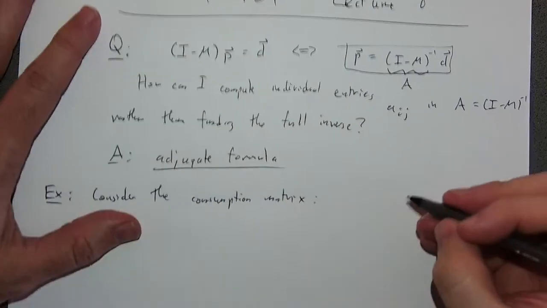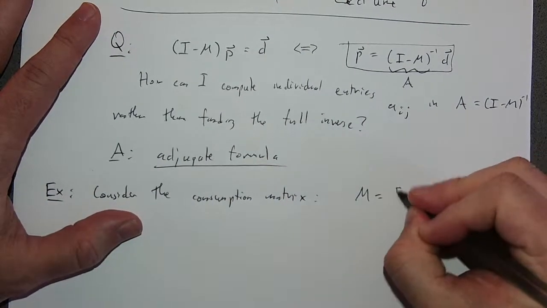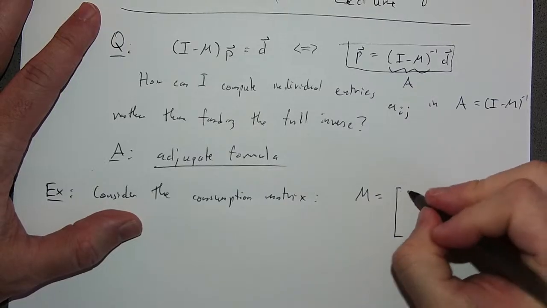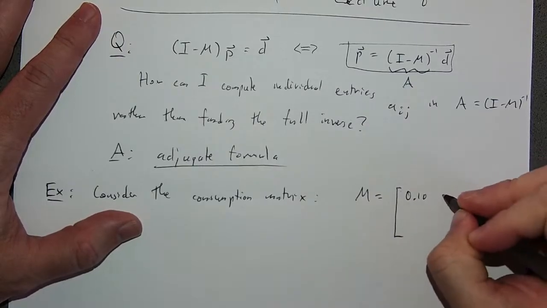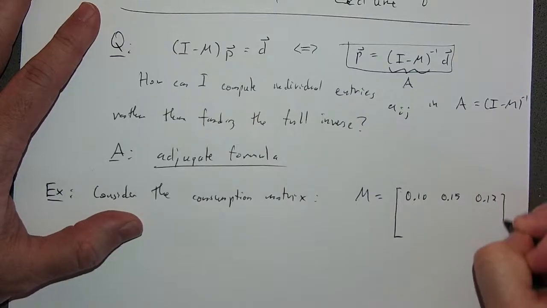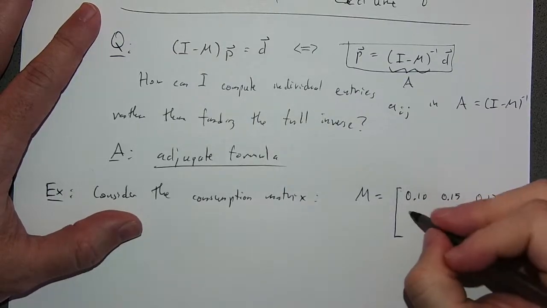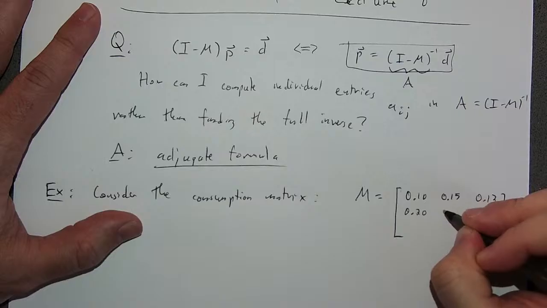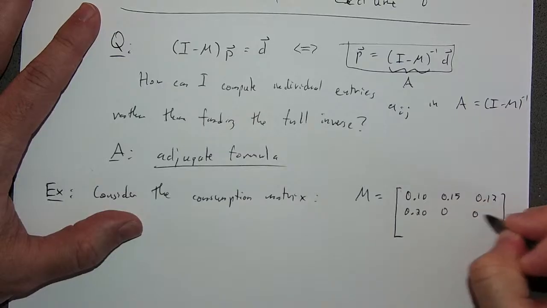Reading row-wise, this is the matrix M, which is 0.10, 0.15, 0.12, 0.20, 0.30.